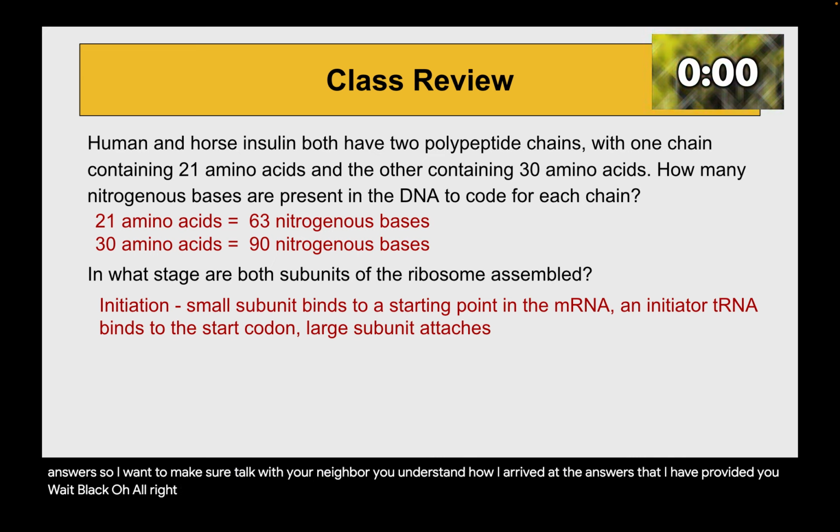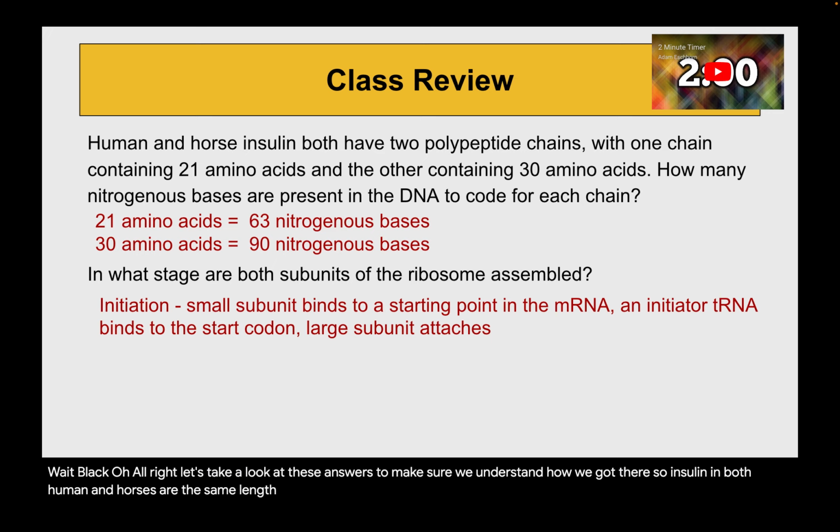All right, let's take a look at these answers to make sure we understand how we got there. So, insulin in both human and horses are the same length. They contain the same number of amino acids. Right? They're made up of 2 different chains. One chain has 21 amino acids. The other contains 30 amino acids.